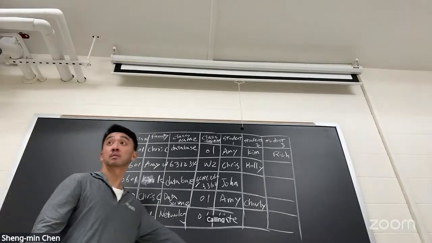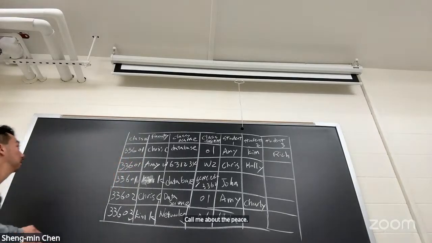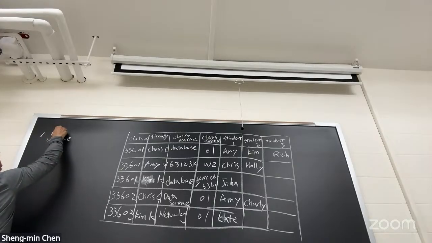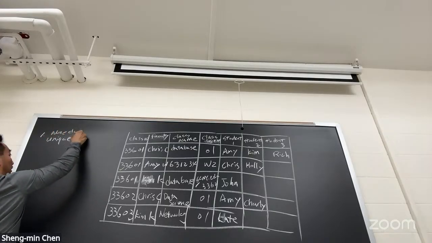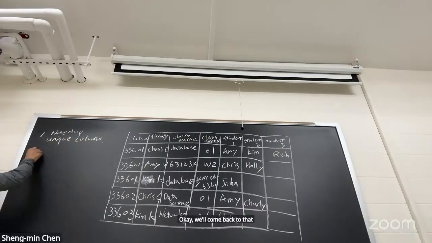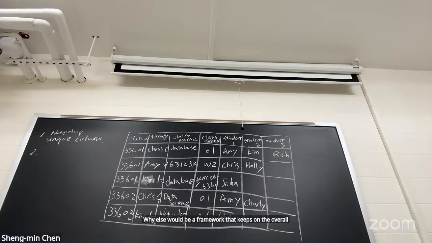All named after the unique identity, just like student one, student two, student three. They're perfect. Okay, we'll come back to that. What else? It has to be a primary key, so no rows can be the same or duplicates.